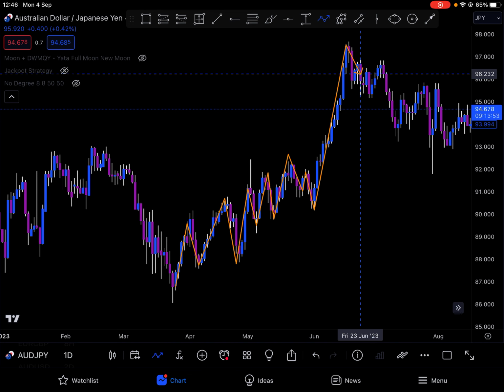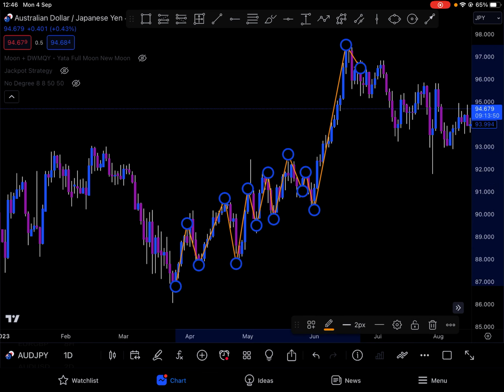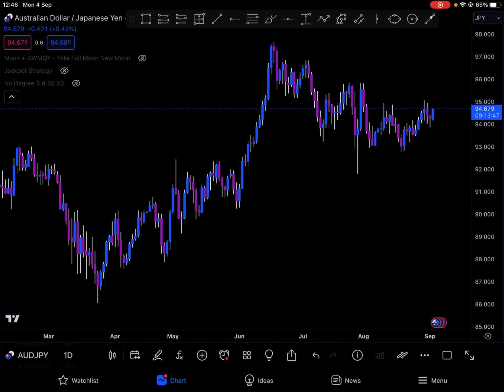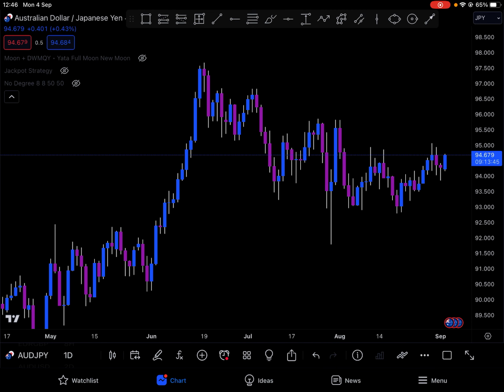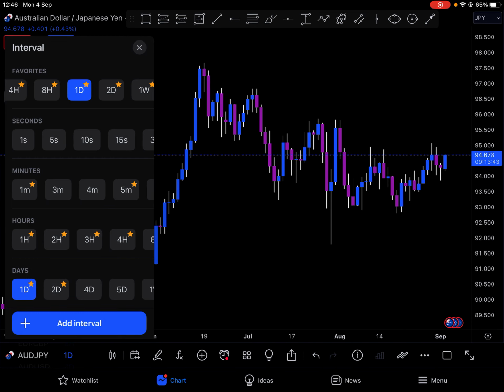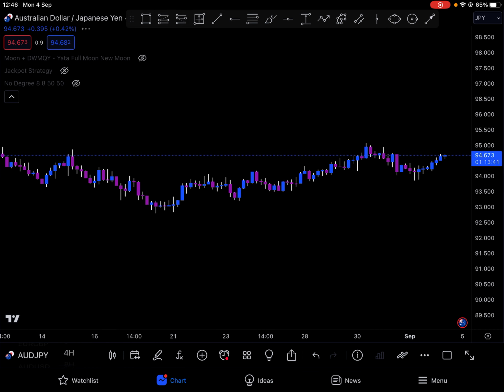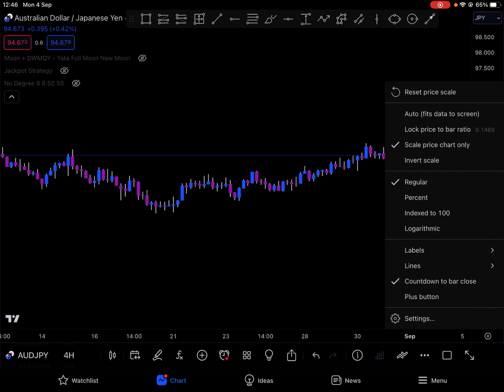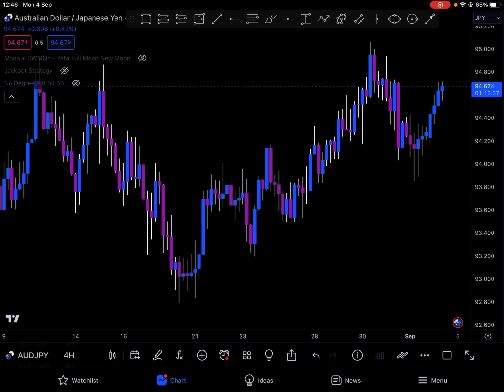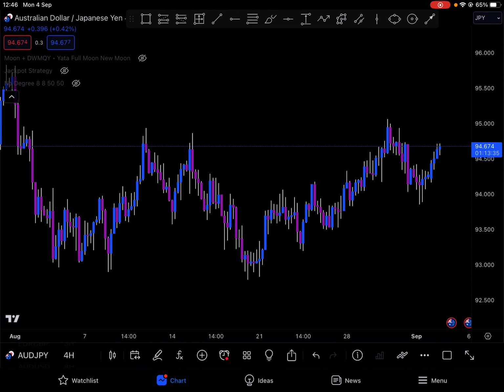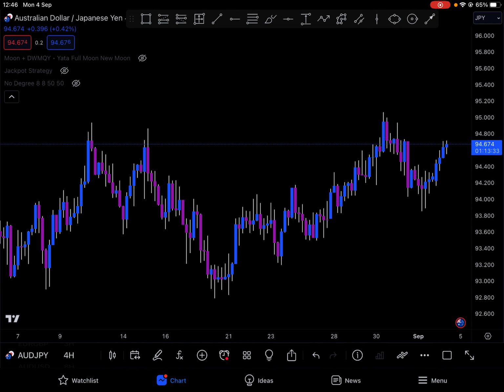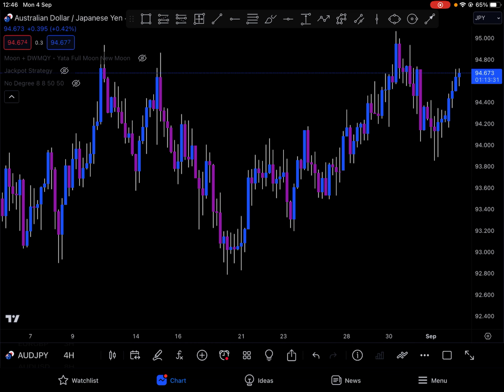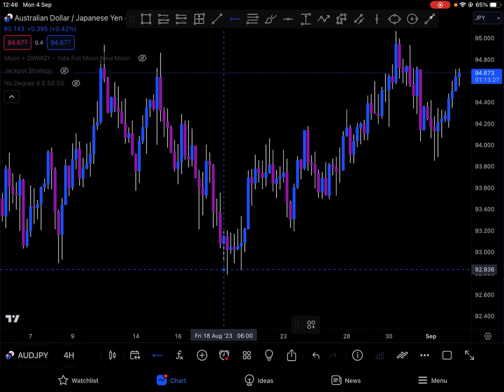So now that we're on the daily time frame, we know that it's a bullish trend, isn't it? We're gonna drop down to the 4-hour time frame. On the 4-hour time frame, this is where we're gonna be drawing our trend lines. So we can see that it is very bullish on the 4-hour here.